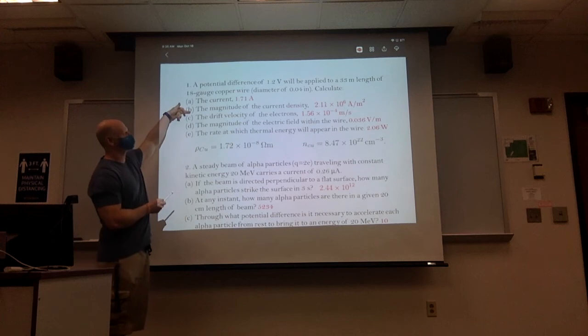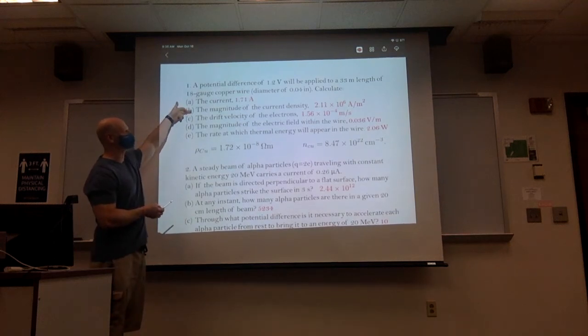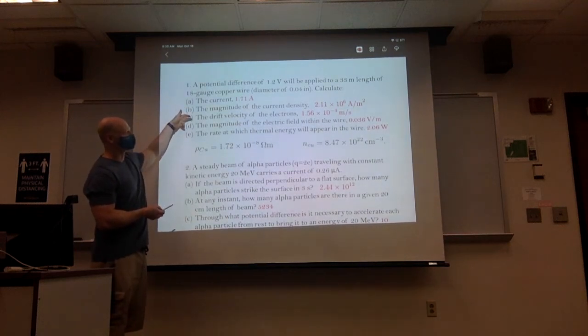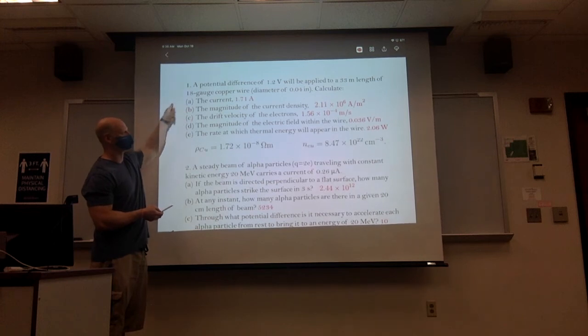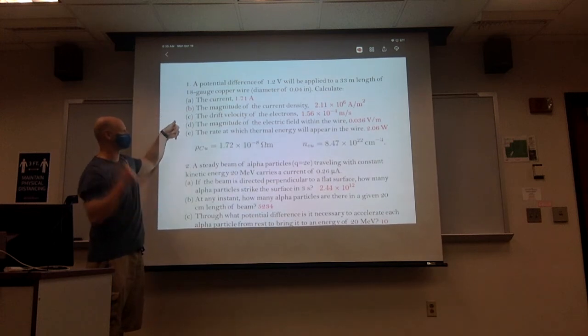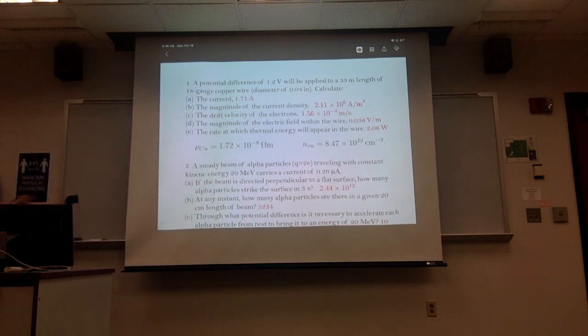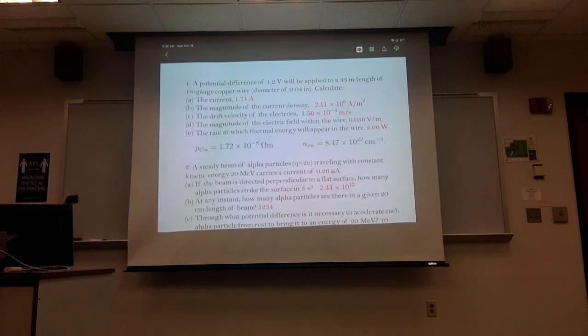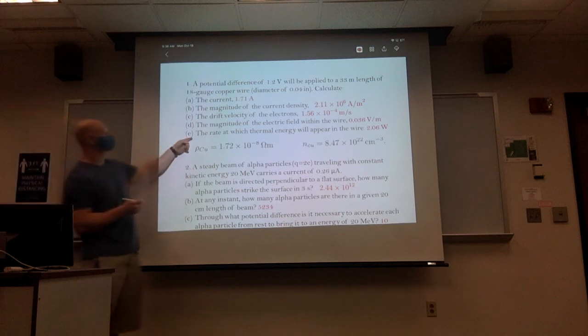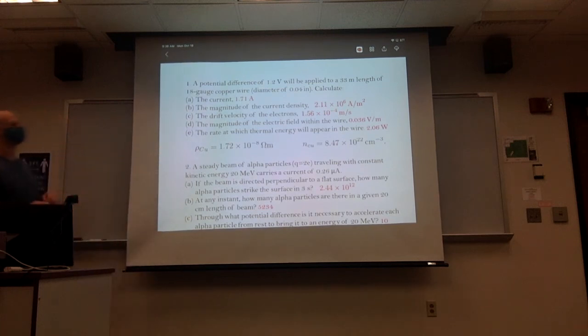So what's the current? What's the magnitude of the current density? So it's J. The drift velocity, so relating the drift velocity to the current density, things that we did last time. The magnitude of the electric field inside of the wire, so that's just looking at the potential divided by the length. So that's nice and easy. And then finally, the rate at which thermal energy will appear in the wire.